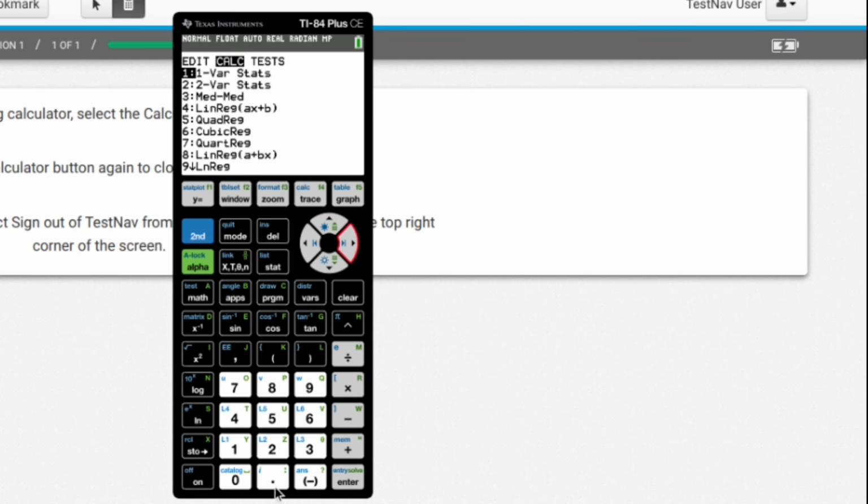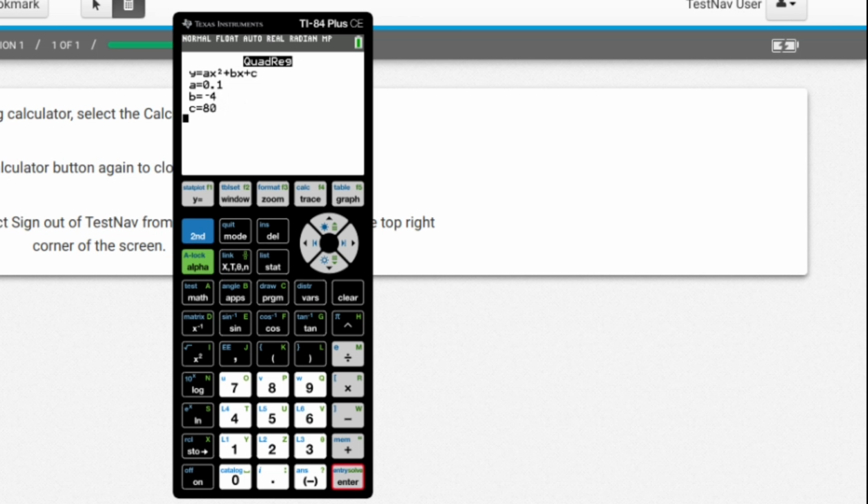Let's go to quad reg, which is 5. Hit enter a bunch of times until you get to calculate and hit enter again. And it gives us an okay looking formula. Y equals 0.1 x squared minus 4x plus 80. So when I write this out on paper or choose a selection from multiple choice, I'm going to make sure I choose the one that says A of t equals 0.1 or 1/10 t squared minus 4t plus 80.